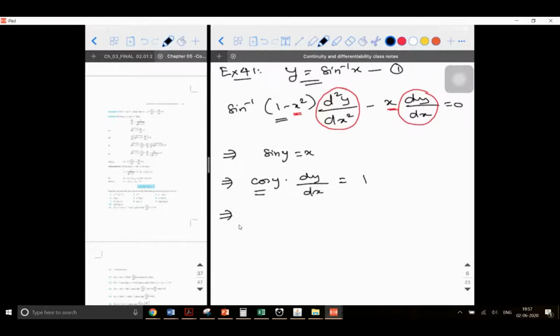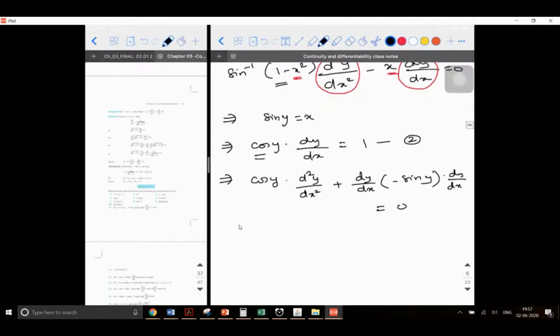So differentiating again, we will get cos y into the derivative of dy by dx, which is d square y by dx square, plus dy by dx into the derivative of cos y, which is going to be minus sin y into dy by dx, into dy by dx. This is equal to 0.